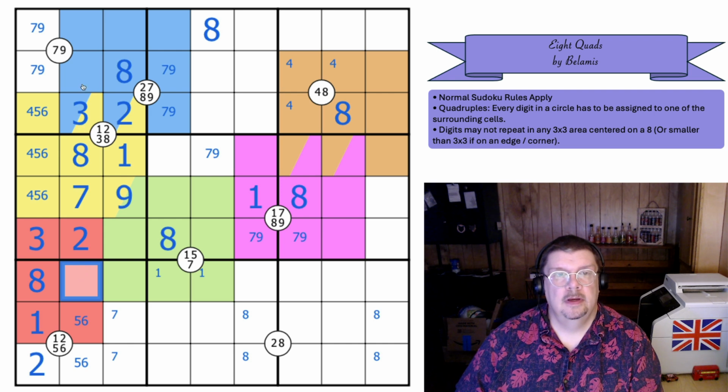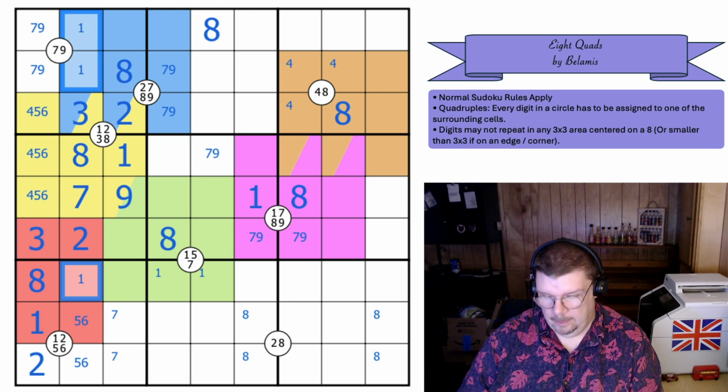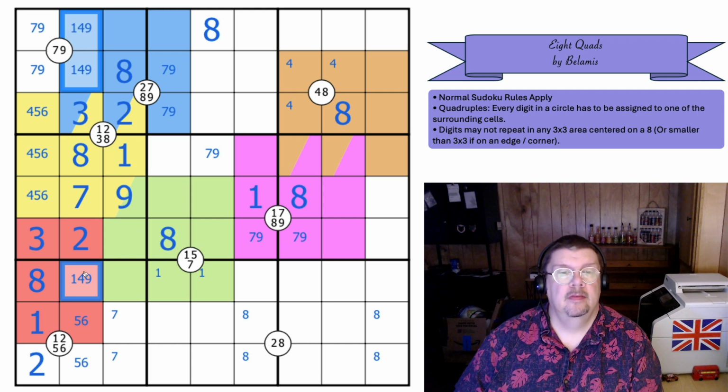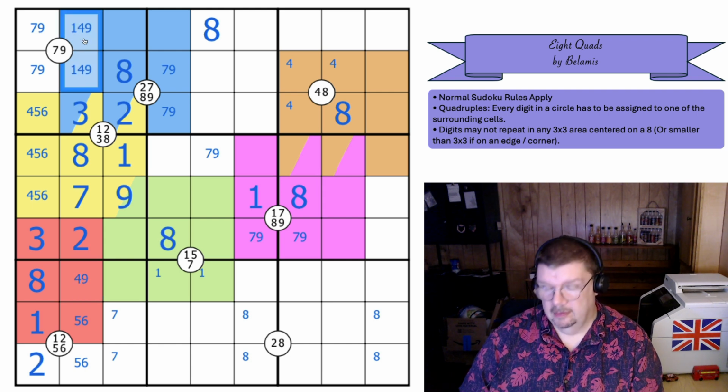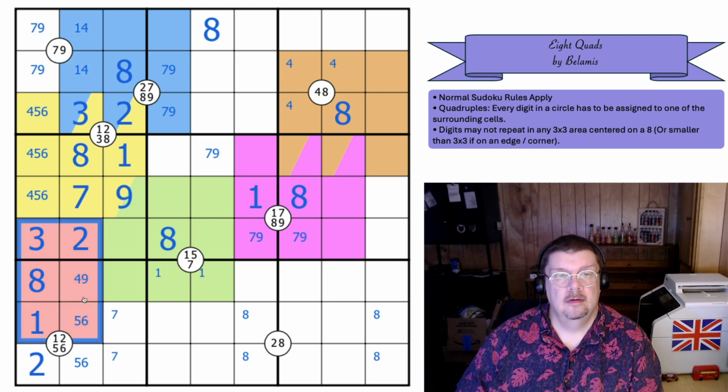Alright, the remaining digits in the column are 1, 4, and 9. And that's not a 1. Oh, and those aren't 9, so that's 1, 4, and that's 9.